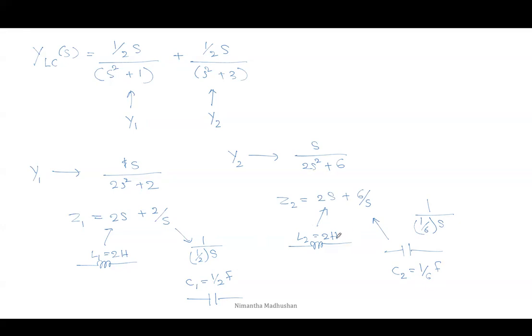When we consider these two elements, these are impedance values, so these two elements, C2 and L2, are connected in series. Same as this one, they are connected in series, L1 and C1. The total one is an admittance value, so they are connected in parallel.